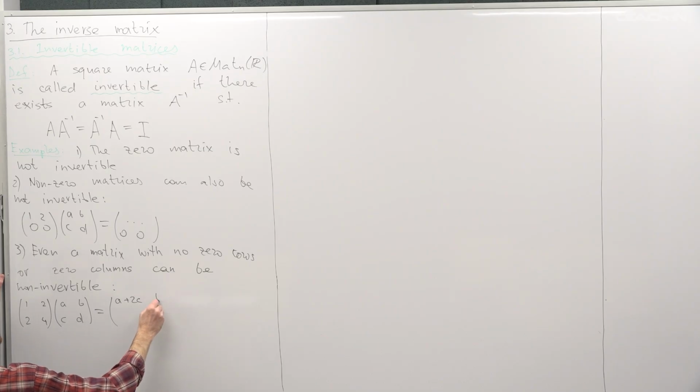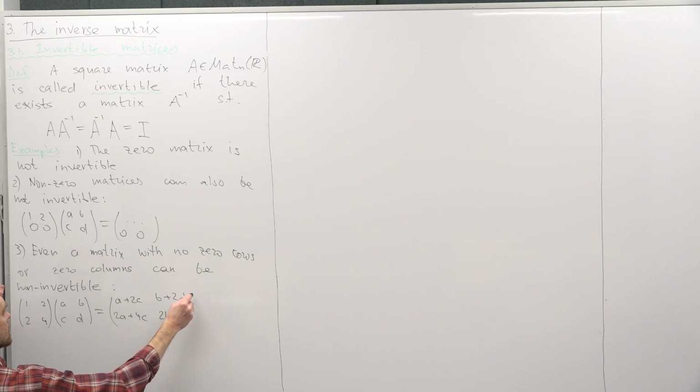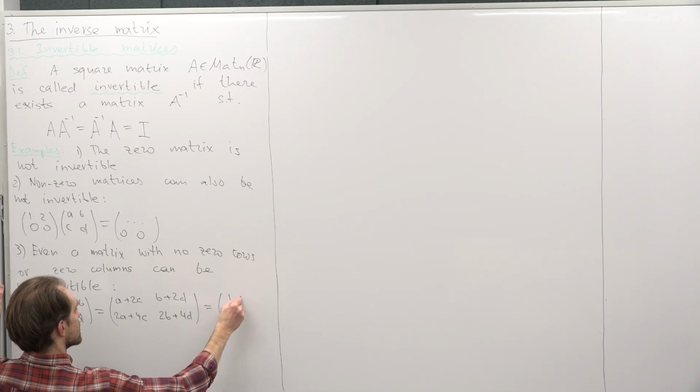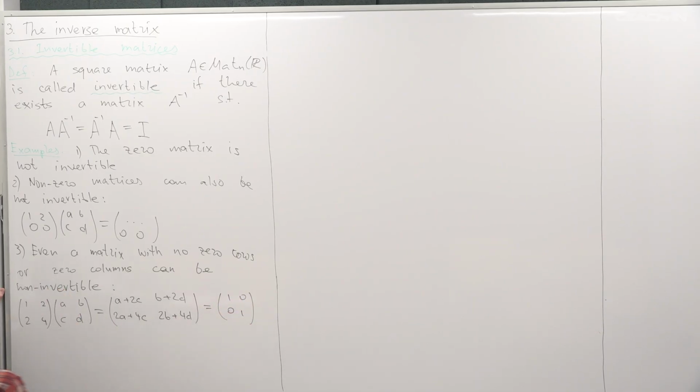I'm going to get B plus 2 times D here. Then I'm going to get 2 times A plus 4 times C here. And I'm going to get 2 times B plus 4 times D here. Okay, and so this matrix is supposed to be the identity. So we get a number of equations. Actually, we have a system of 4 linear equations, but I will not write down all these equations.